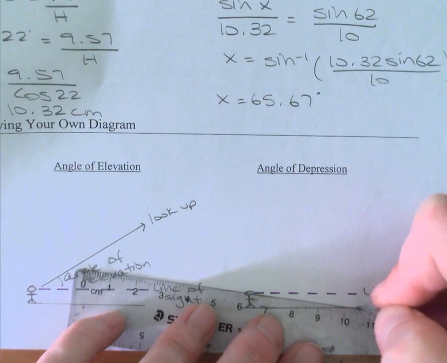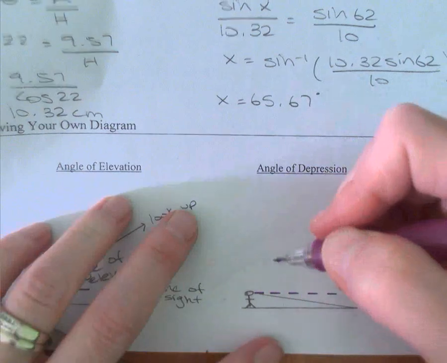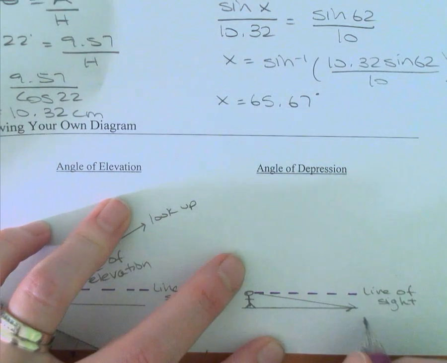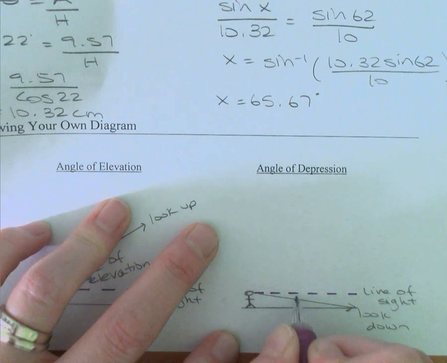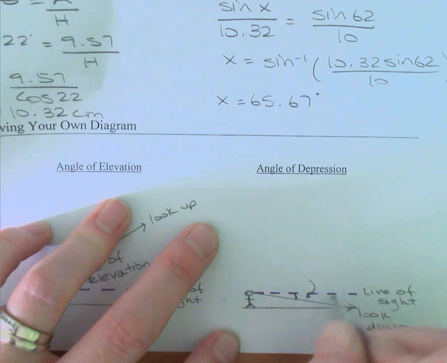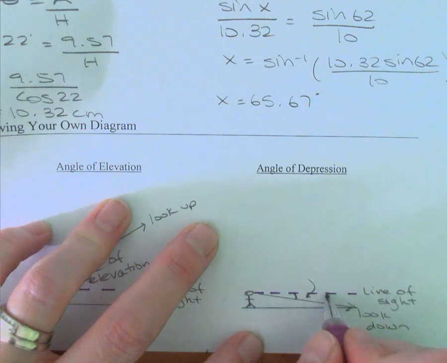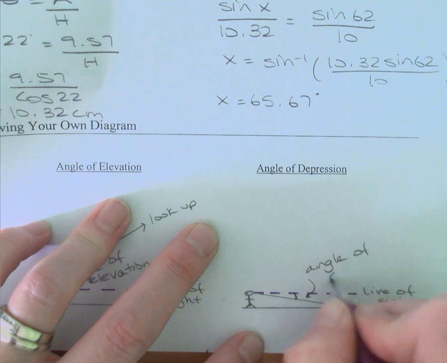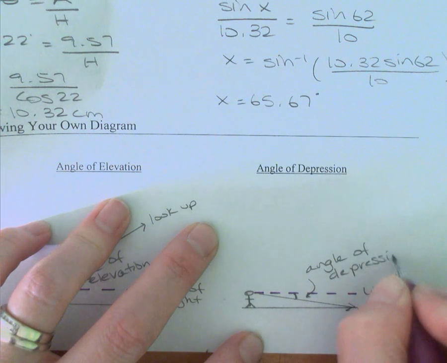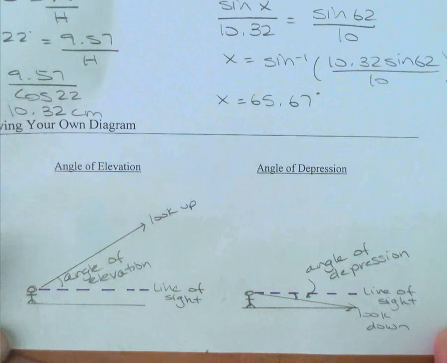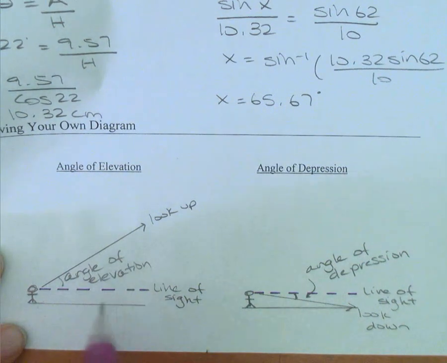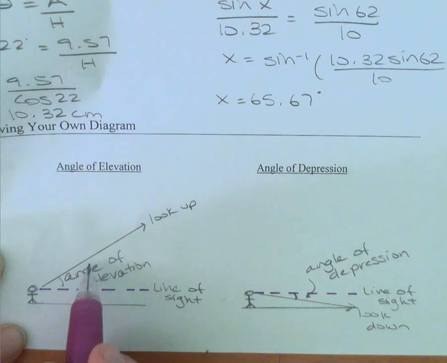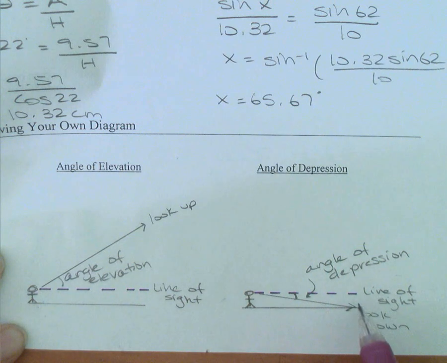So we start at the line of sight, and we look down. So this angle here, between the line of sight and looking down, is the angle of depression. So the angle of elevation is from the line of sight looking up, and the angle of depression is from the line of sight looking down.